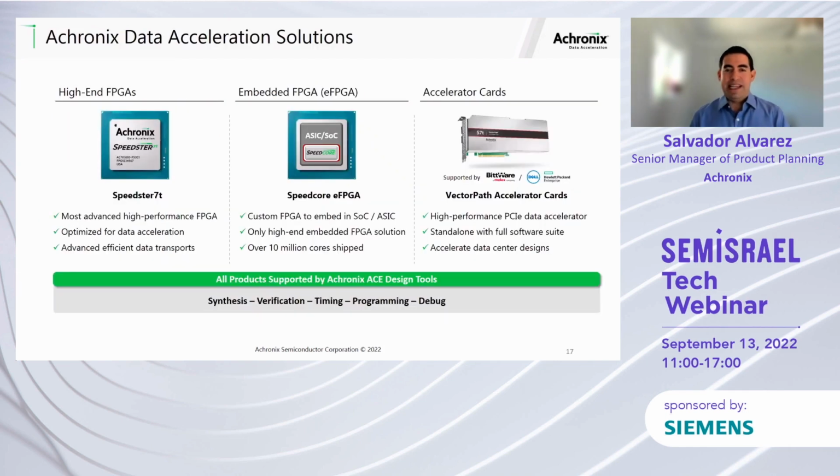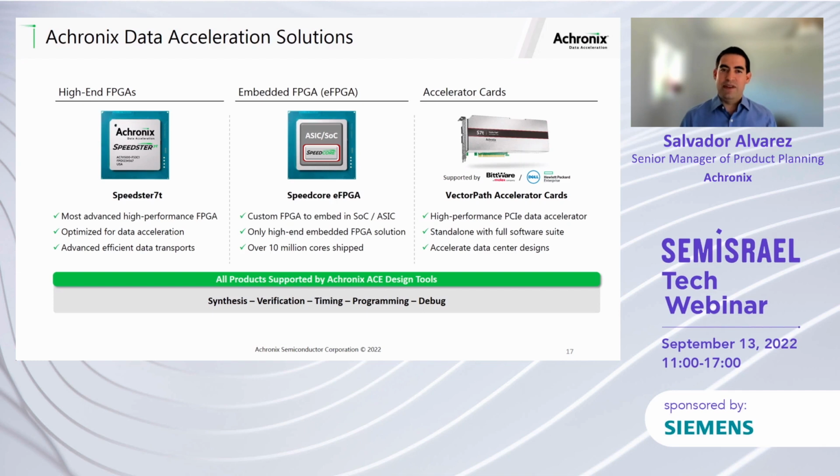Let me take a step back and just show you the offerings that we have here at Achronix. We have 3 form factors where we offer data acceleration. First is our most advanced high performance FPGAs called the Speedster 7T, which is optimized for data acceleration. We also provide embedded FPGAs or eFPGAs, which is an IP that you can integrate inside your SoC or ASIC, which is great for workloads that may change slightly over time.